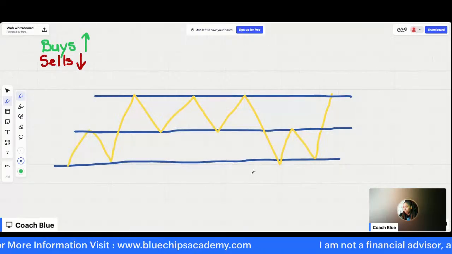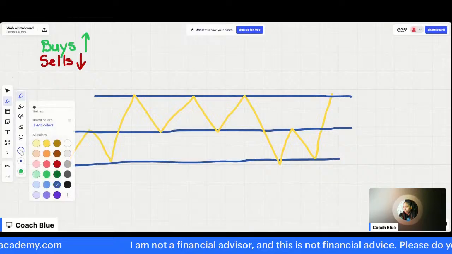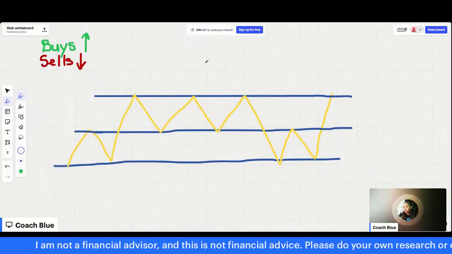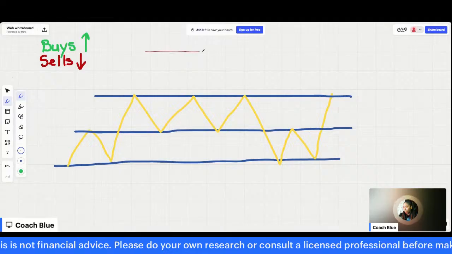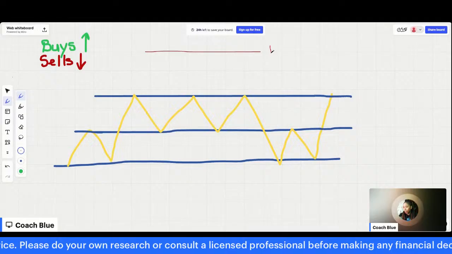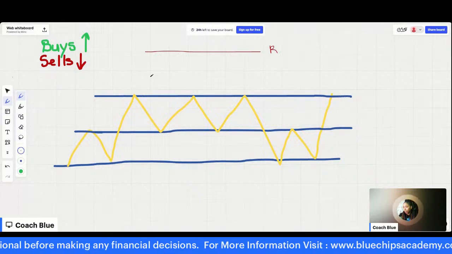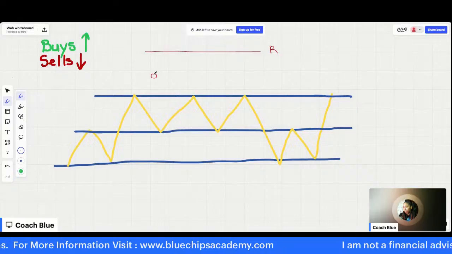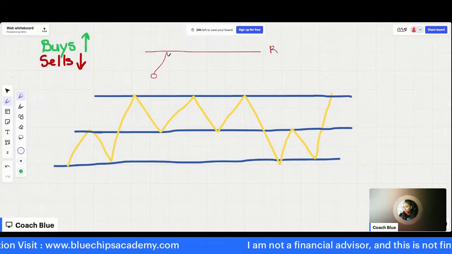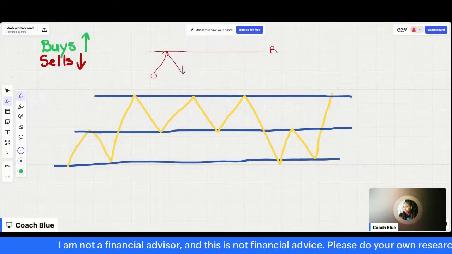When we're looking at support and resistance, it's important to understand a few things. Resistance, I'll start with that one first today. Resistance is considered like a ceiling. I always use this analogy: when you throw the ball towards the ceiling, the natural reaction is for the ball to bounce down.